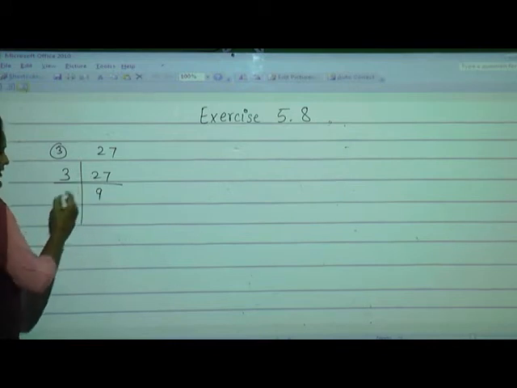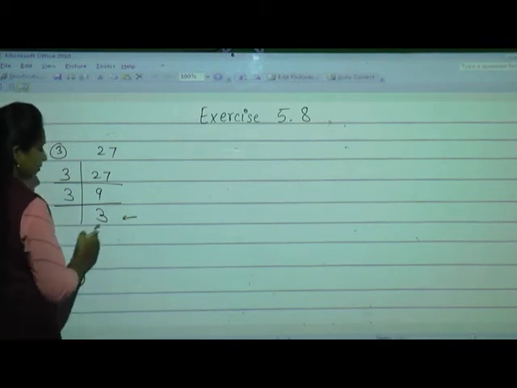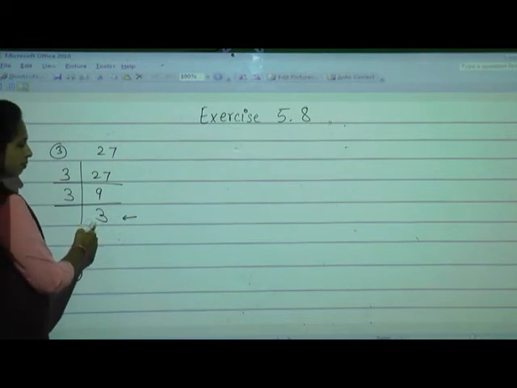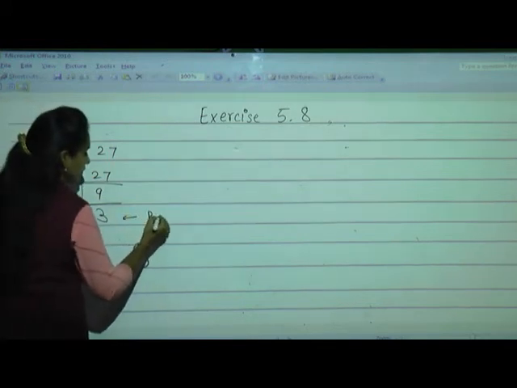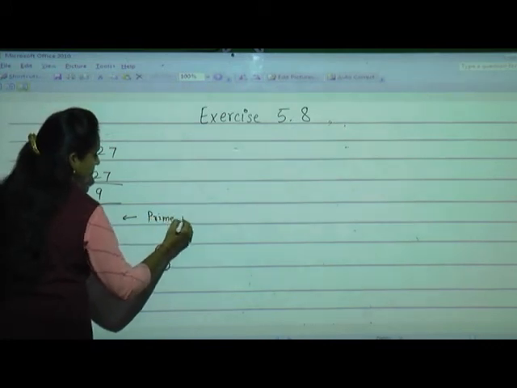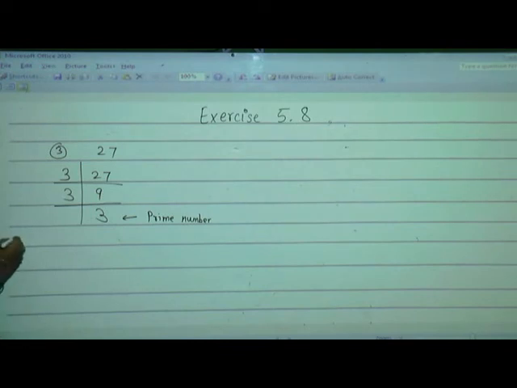Then again 9 can be divisible by 3. 3 3s are 9, isn't it? So here when we get a prime number at the end, we need to stop. So 3 is what? Prime number, isn't it? So what are the prime factorizations here?